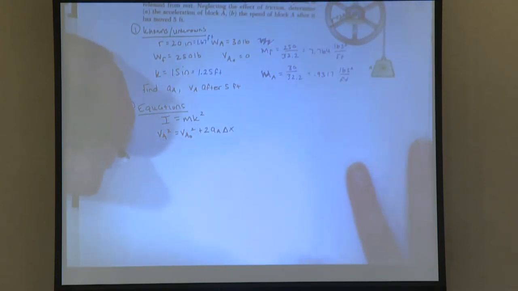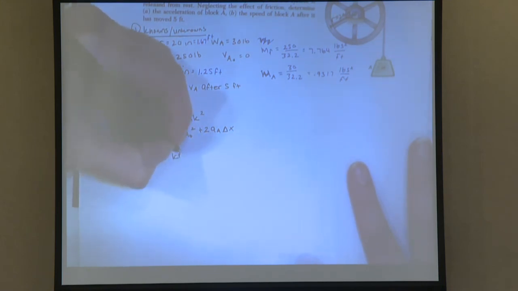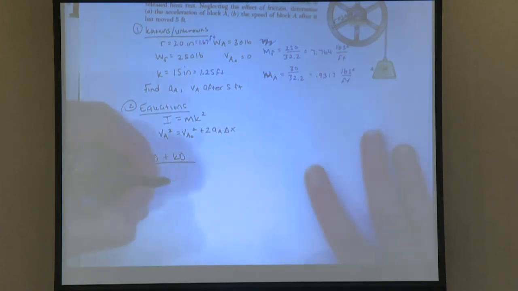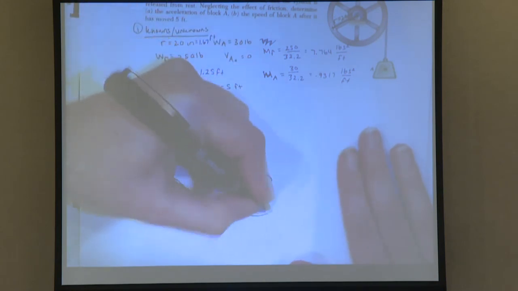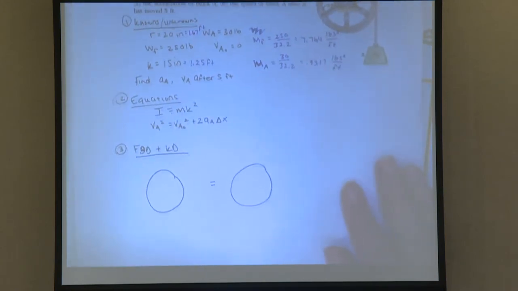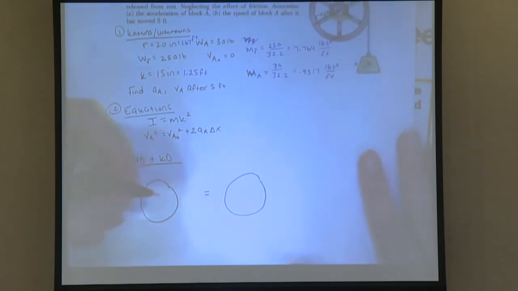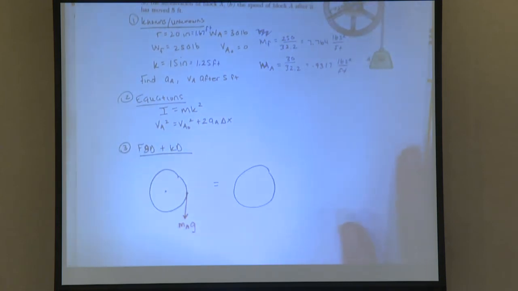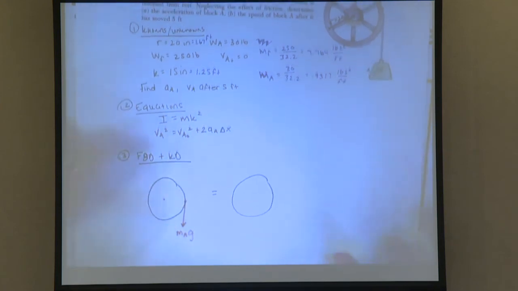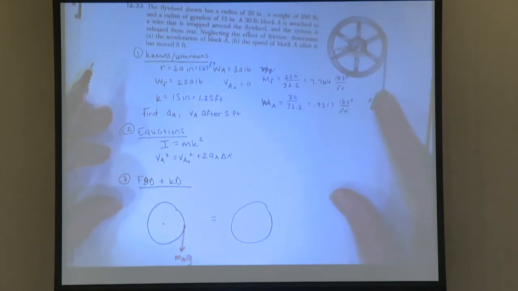So let's do a free body diagram and kinetic diagram. For my free body diagram, what forces do I need to include? Good. For the tension, I'm just going to call that MAG, because it's just A hanging from that point.